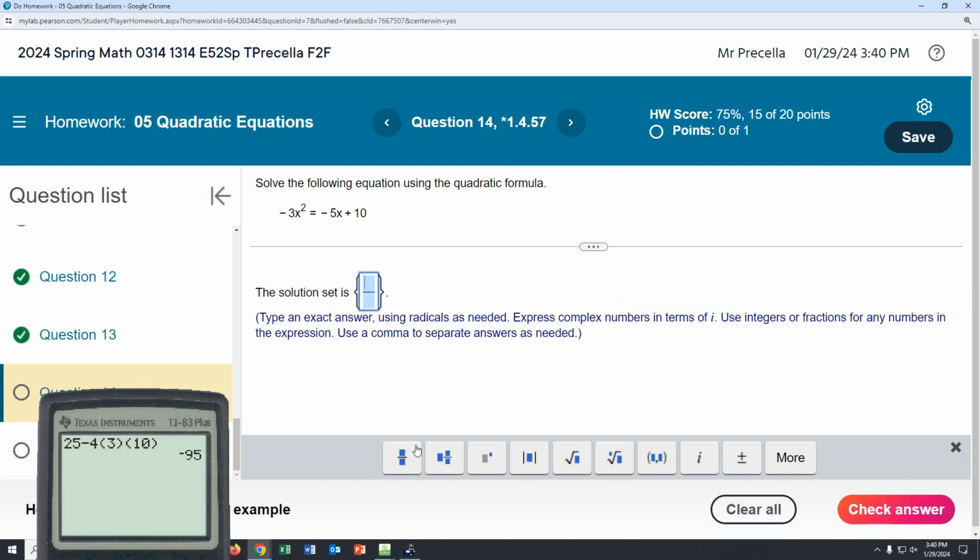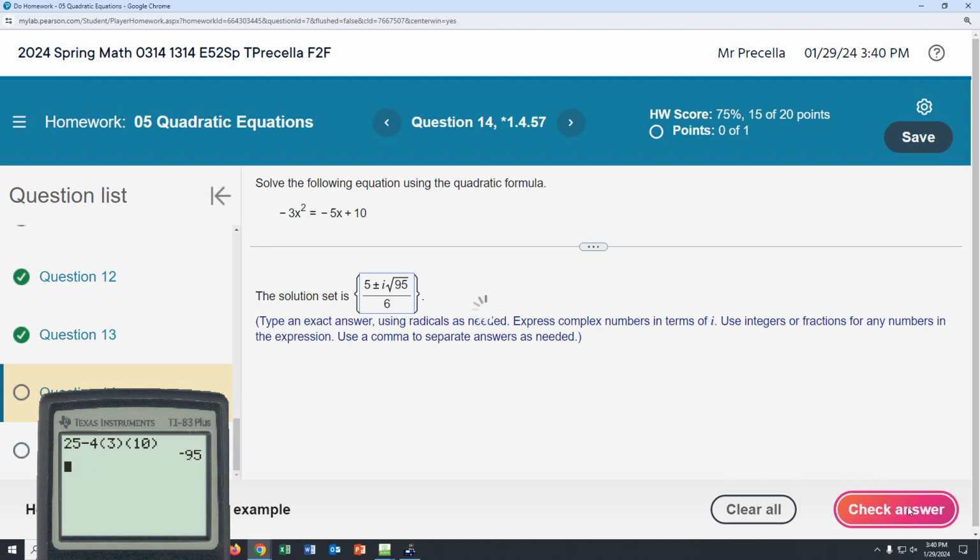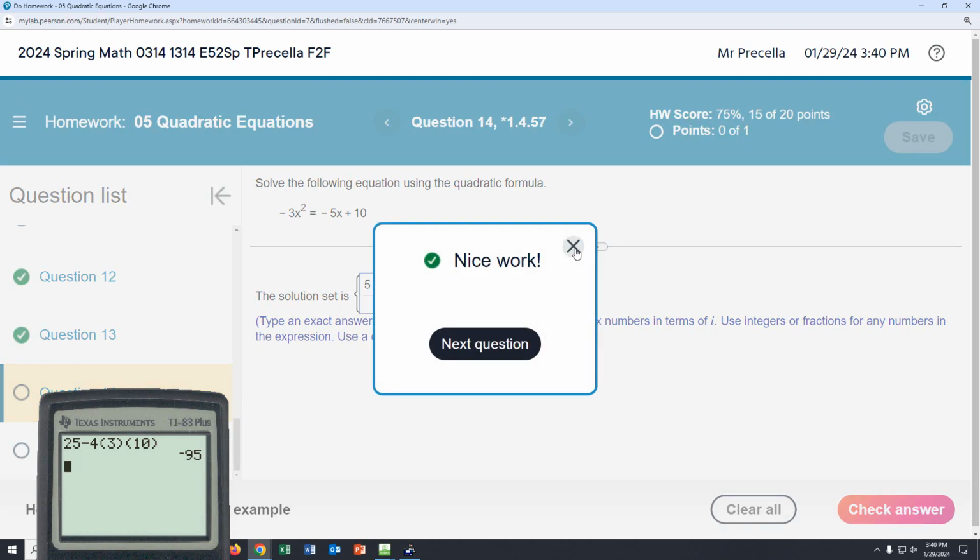If you typed in 5 plus minus i square root of 95 all over 6. Let's see. Is it going to take it or not? It did. I'll be darned. Well, maybe they'll start back taking all of them like that.